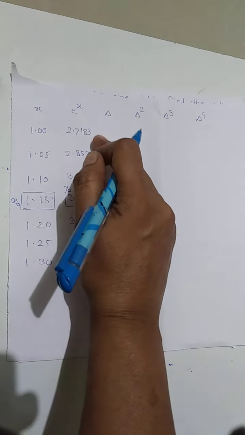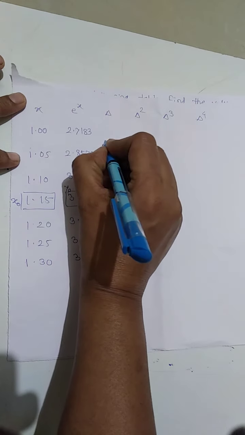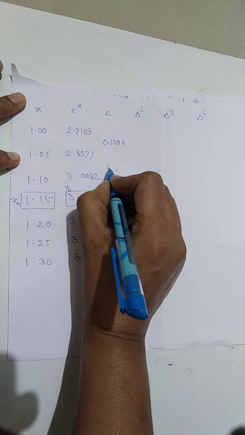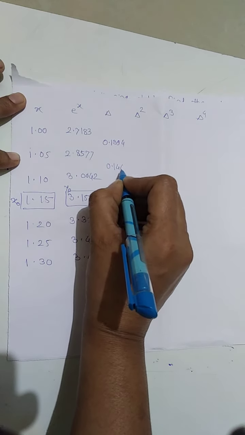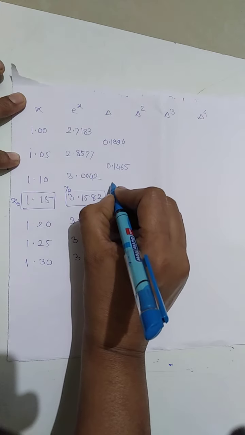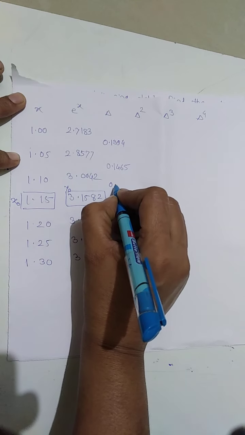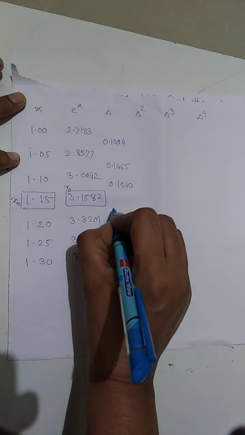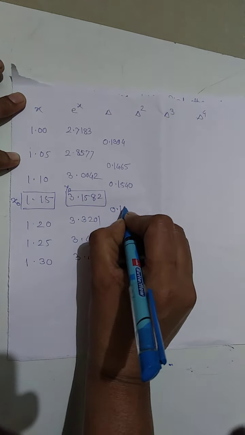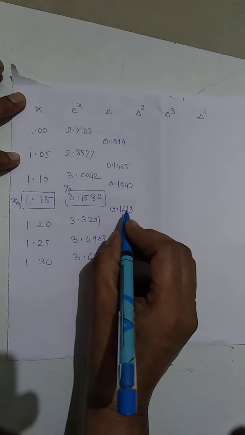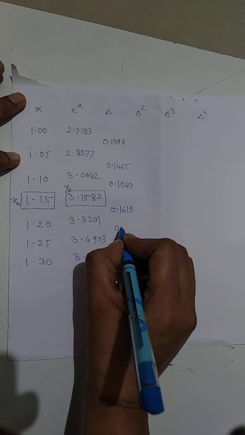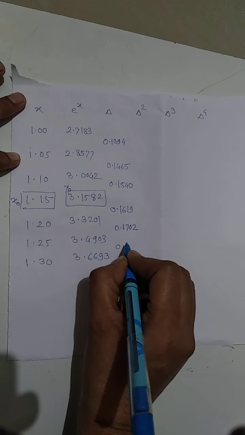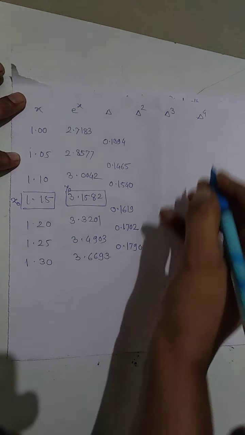And the differences between these are 0.1394, 0.1465, 0.1540, 0.1619, 0.1702 and 0.1790.